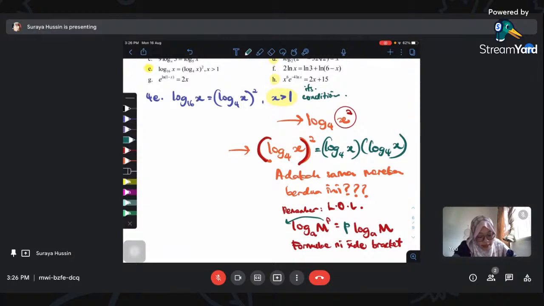It's like two things, it's like double, two things you times it together. That's why dia ada square. Tetapi tidaklah pada yang ini. Yang ini boleh kita apply power bawa turun. Therefore, this is 2 log 4x. Jadi mereka berdua ni adalah tak sama.